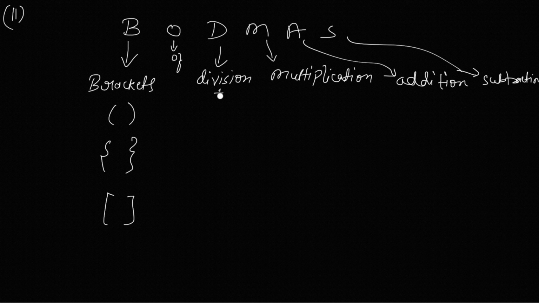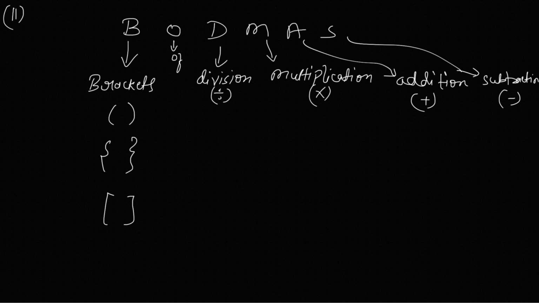Okay, division, multiplication, addition and subtraction. So this is our priority. If in the equation there are brackets, first we will solve brackets, then if there is a division sign, we will do the division. If there is a multiplication sign, then we will do multiplication, then addition, then subtraction.